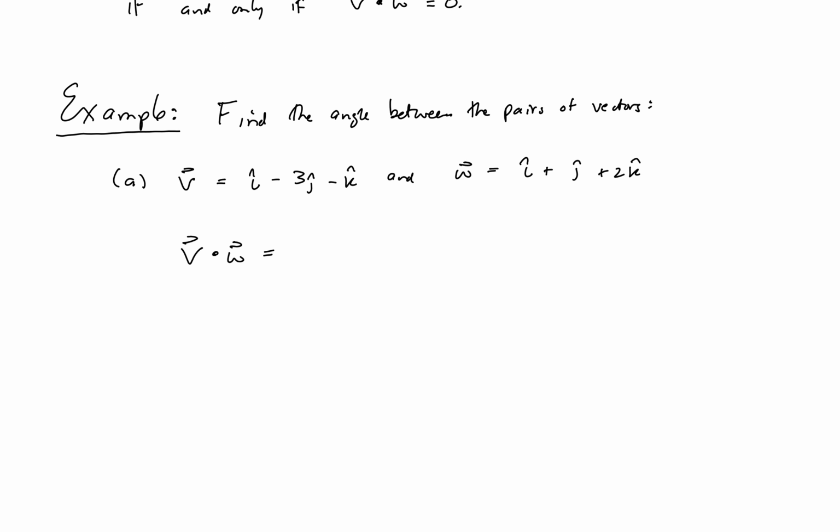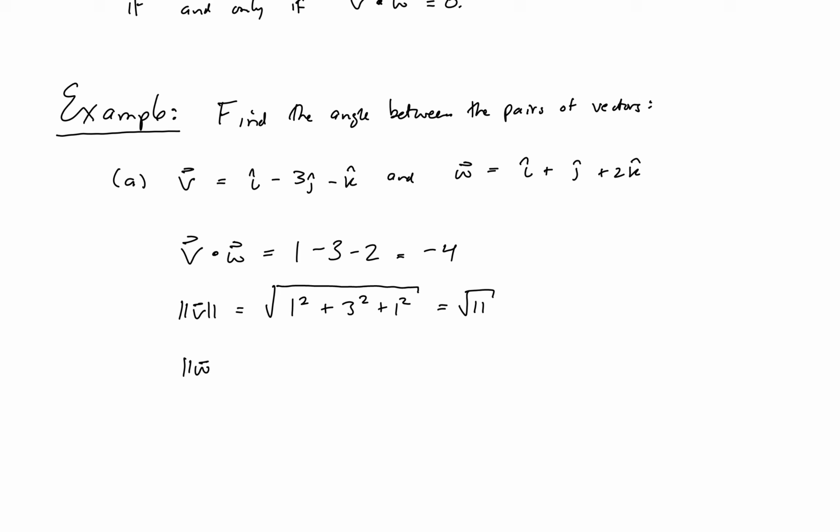So v dot w, I have 1, and then I have minus 3, minus 2. This gives me minus 4. Magnitude of v is going to be square root of 1 squared plus 3 squared plus 1 squared. So this is square root of 11. Magnitude of w is square root of 1 squared plus 1 squared plus 2 squared. So this is square root of 6.